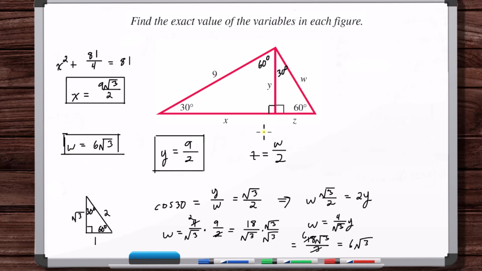Okay, so that means that z is 6 root 3 divided by 2. That's 3 root 3. And there we go, I messed this up. This should just be y here. So w is equal to 2y over root 3.